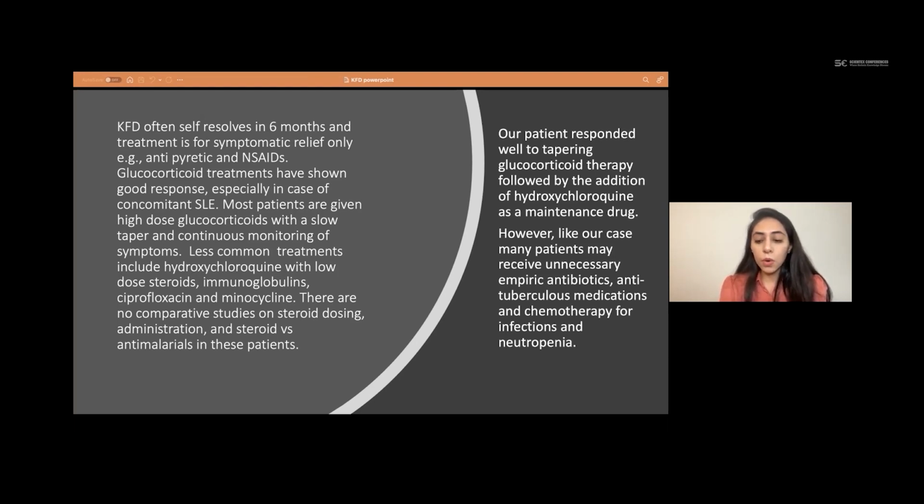So there is no standard guideline on the treatment, just like there's no standardized diagnostic criteria for KFD itself. Steroid dosing and the combination of different treatment therapies in these patients vary, likely because of its rarity and lack of data so far. Our patient responded well to glucocorticoid therapy, followed by hydroxychloroquine.